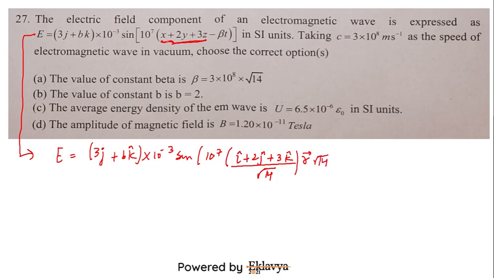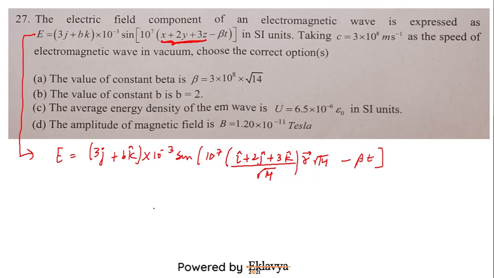So this entire thing I have modified and written like this. Okay, so this minus beta t is what has been given to us. So in this equation what we have made clear is that the wave is propagating in the direction of this unit vector.